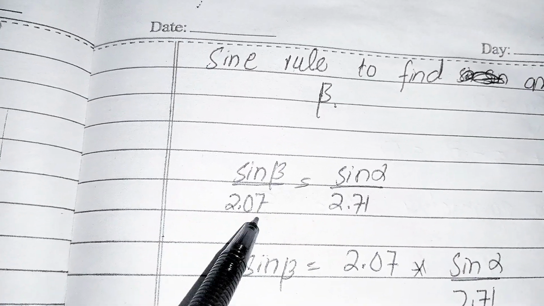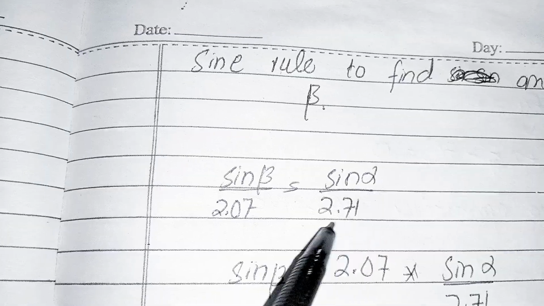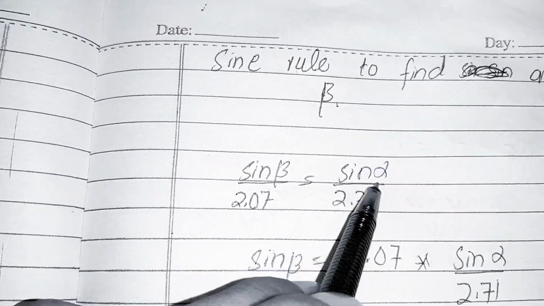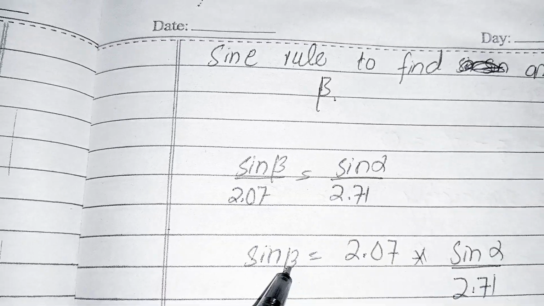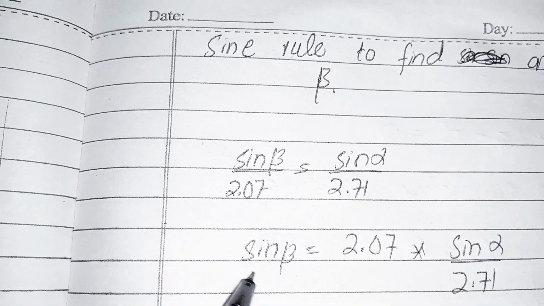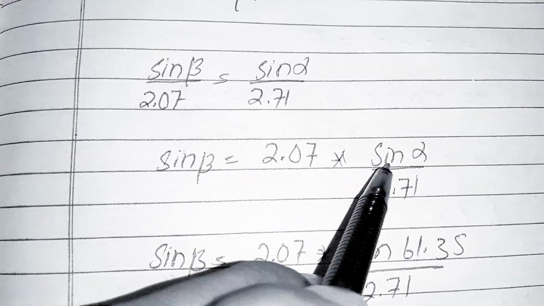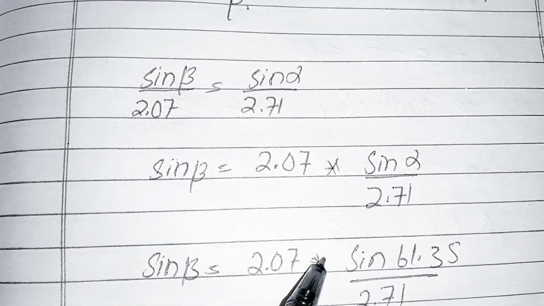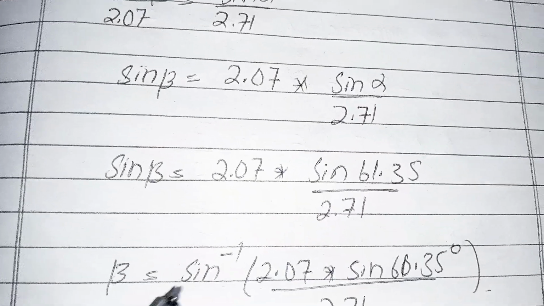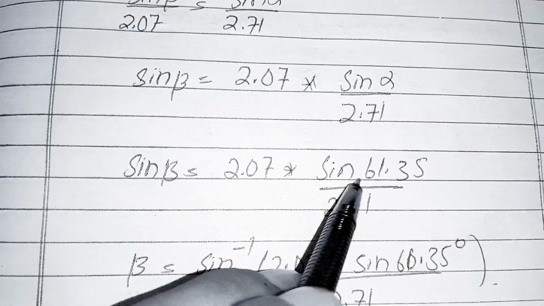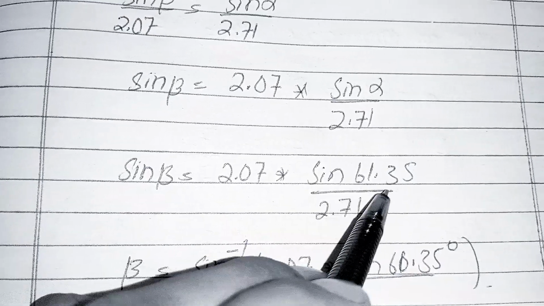So sine beta divided by 2.07 equals sine alpha divided by 2.71. Alpha is given to us, so I leave sine beta on the left side. So sine beta will equal 2.07 multiplied by sine alpha divided by 2.71, with alpha equal to 61.35.